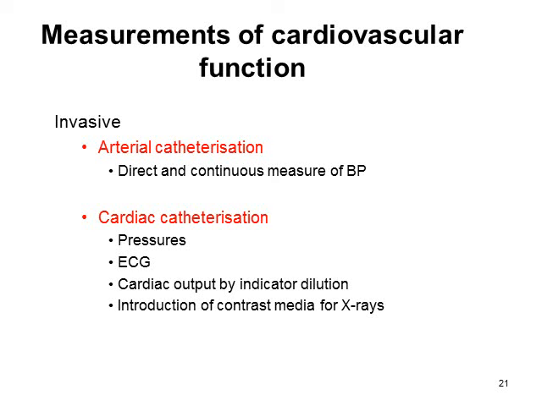So an indicator will be added through the catheter, and we then see how long it takes for that indicator to be diluted to a certain amount, and from that we can work out the actual volume of blood being ejected from the heart. Finally, you could also use the catheter to introduce a contrast media, which will then allow you to x-ray the heart and see what is going on. Obviously, normally an x-ray won't show you much with the heart.